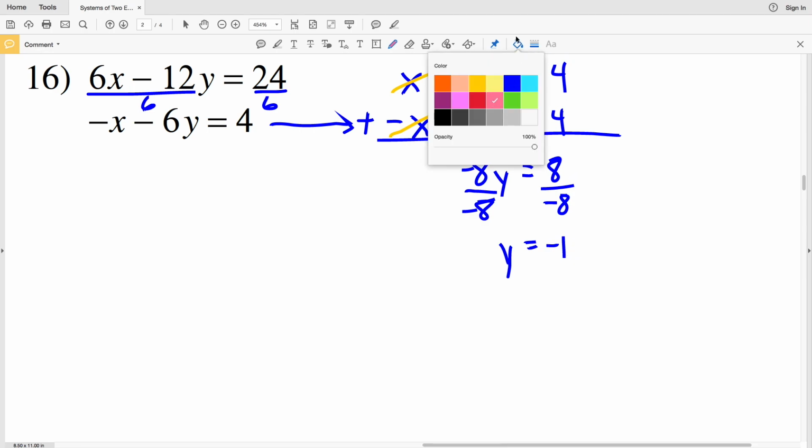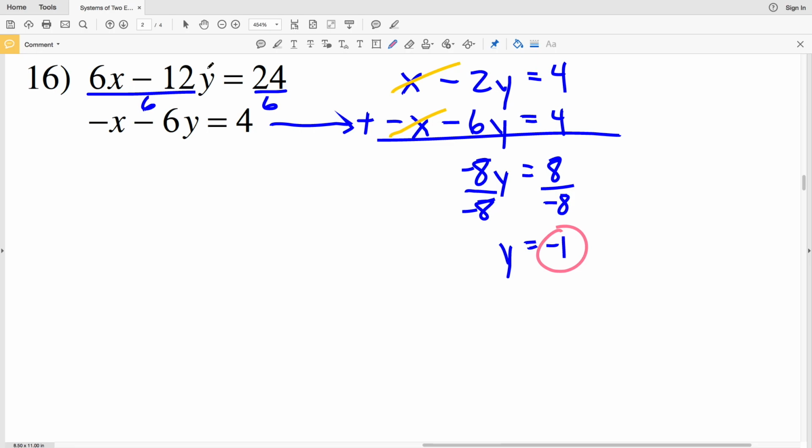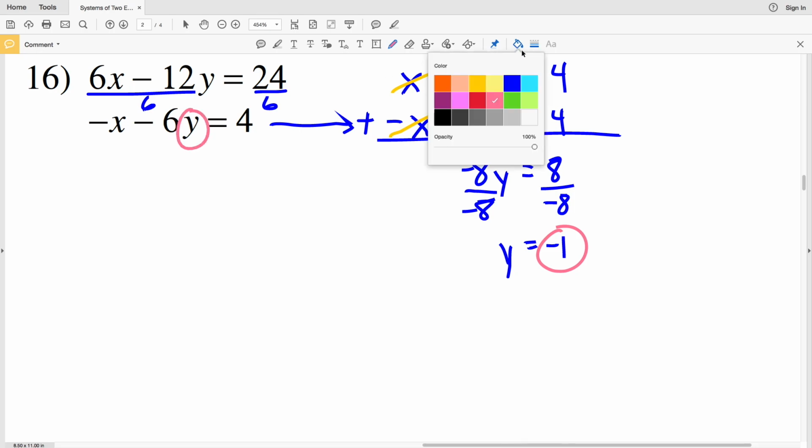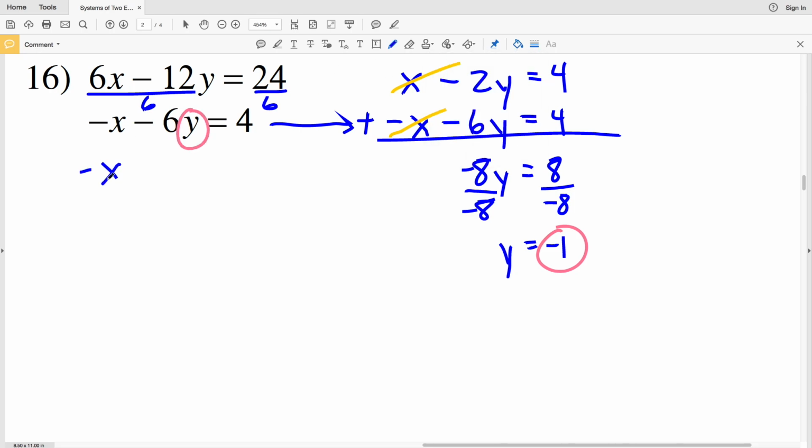Now I'll take that value of negative 1 and plug it in to either of my first equations, or that equation that I modified. Let's plug it in to this bottom equation. So I'll have negative x minus 6 times negative 1 equal to a positive 4. So that's negative x minus negative 6, or plus a positive 6, and that equals positive 4.